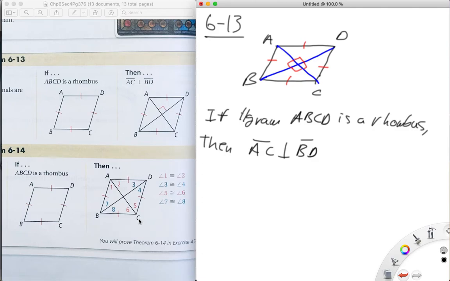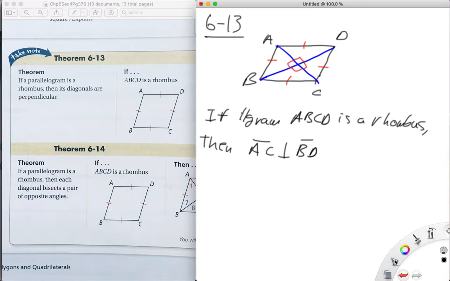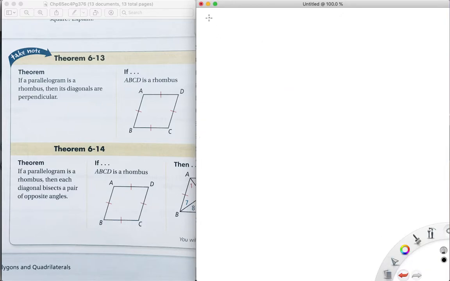It means if I have a rhombus, that means I know that it's a parallelogram with all four sides the same.